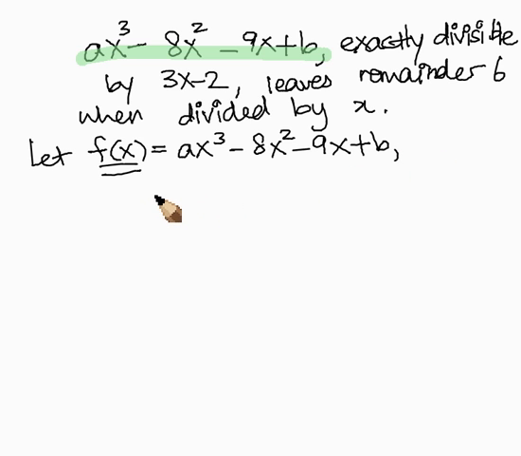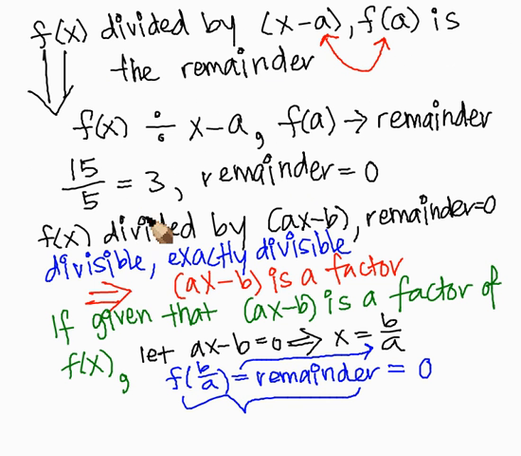So now we have something to work with when we quote our theorem later. By factor theorem, shucks, I don't remember what the factor theorem is anymore. Let me just check. The factor theorem states that when f(x) is divided by ax minus b, the remainder is 0.